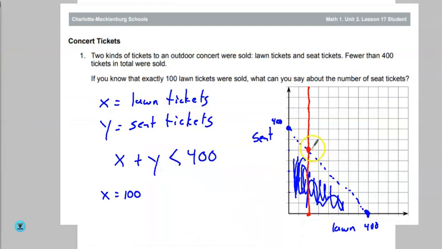So this intersection is at 300, but that's on the dotted line, so we know that the number of seat tickets has to be less than 300, right? It can't equal 300 because that'd be exactly 400 tickets and we have to have less than 400. So any number less than 300 would work down to 0 because all of that would be in that shaded region.